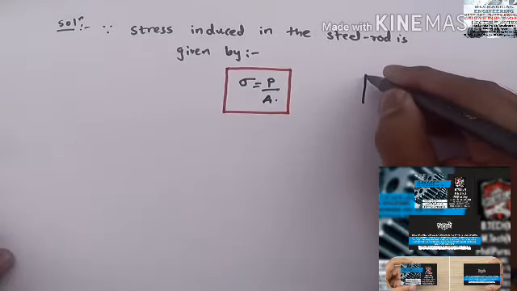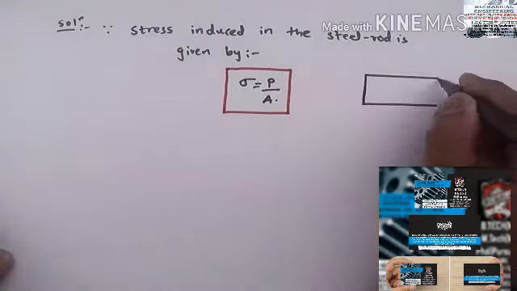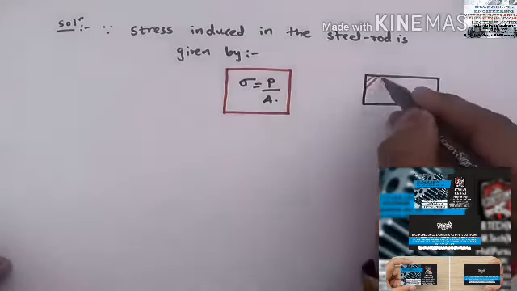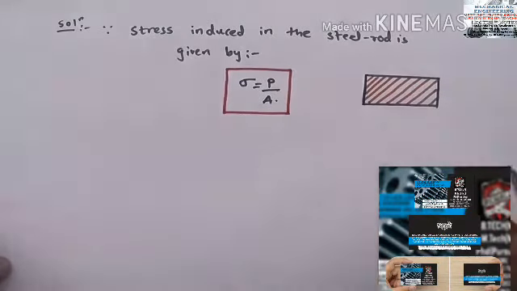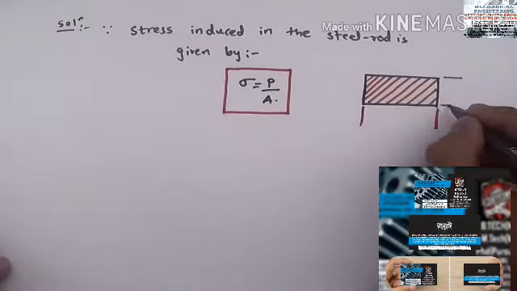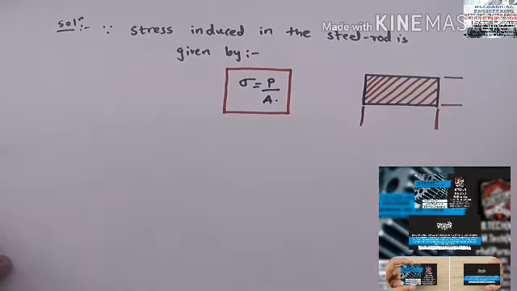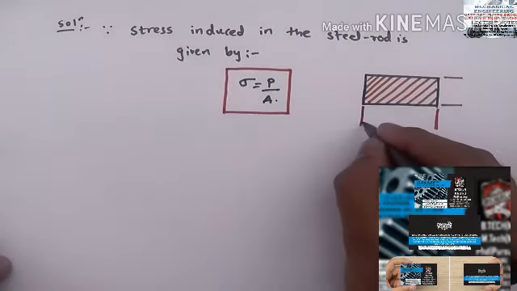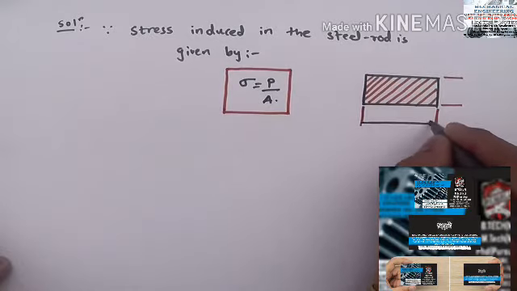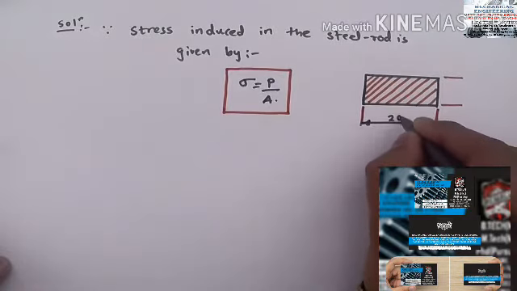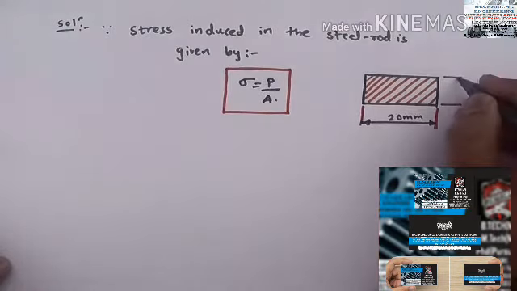Rectangular cross section is there. Here width and depth of the section is also given. So width is 20 mm and depth is 10 mm.